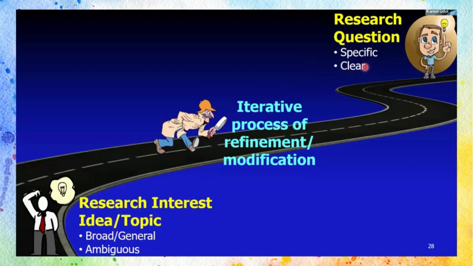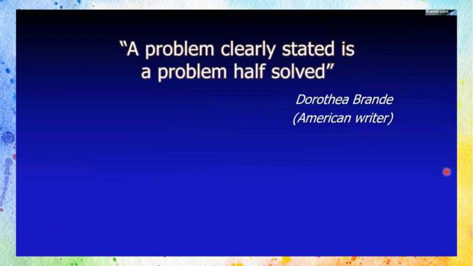Since the past, a problem clearly stated is a problem half solved, from Dorothea Brande, an American writer. So if we can define our problem clearly, it's equivalent to having solved half of your problem.